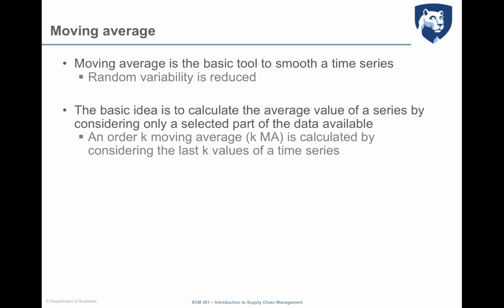Moving average, also named k-moving average, calculates the average of k values of a series by considering only a select part of the data available. Which number? A k number of these values. So an order k moving average, k-MA, is calculated by considering the last k values of a time series.